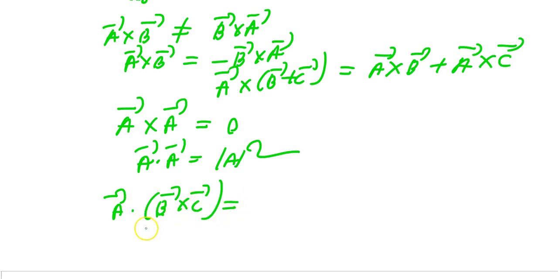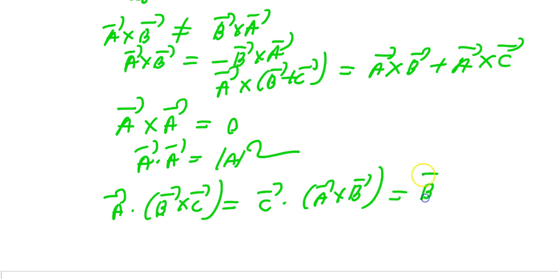See, A, B, C, you can also do C dot A cross B, or the same as B dot C cross A. Same.